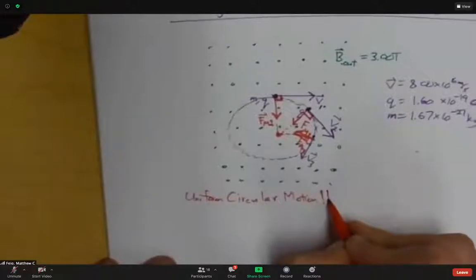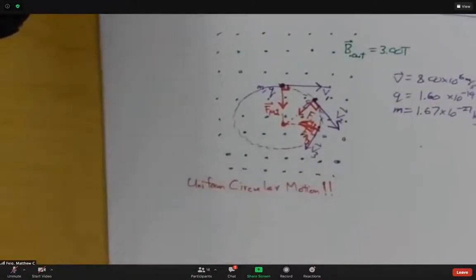Now, contrast that to what happens if you fire a charged particle in a uniform electric field. Let's say the electric field points downward, and you fire a positive charge to the right. It follows a parabolic path curving downward, and it speeds up, speeds up, speeds up, and follows a parabola. This never speeds up or slows down.